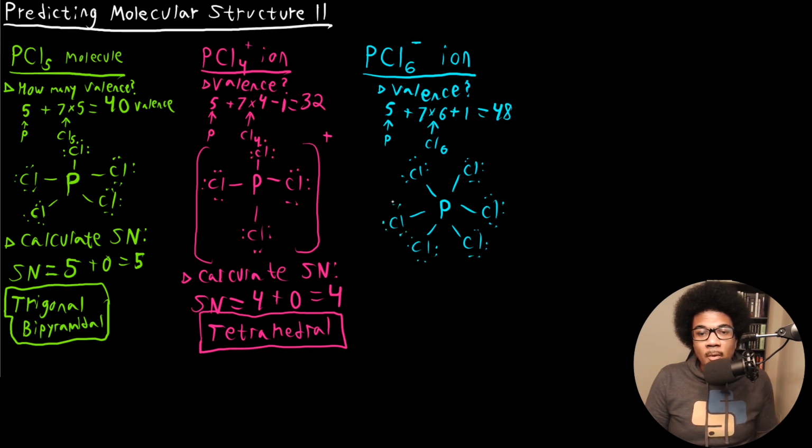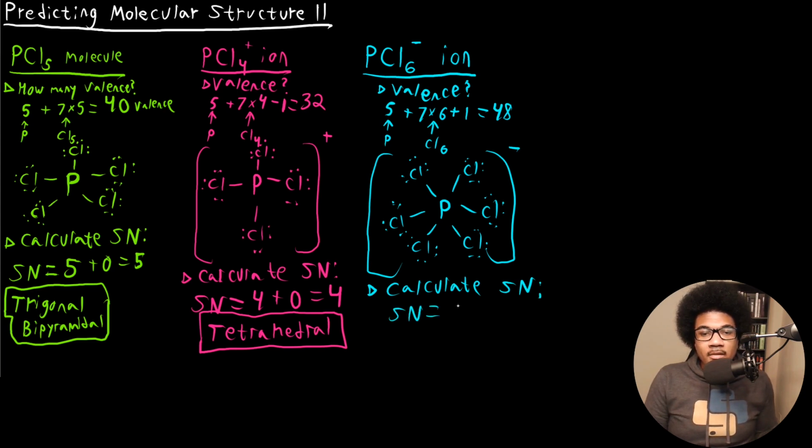When you sum up all of the valence electrons here, you get all 48, so once we add this charge, we have a valid Lewis structure. Let's calculate the steric number. We have 6 bonded atoms plus no lone pairs around that central phosphorus, so a steric number of 6 in total with no lone pairs. Overall, VSEPR theory will predict an octahedral geometry.